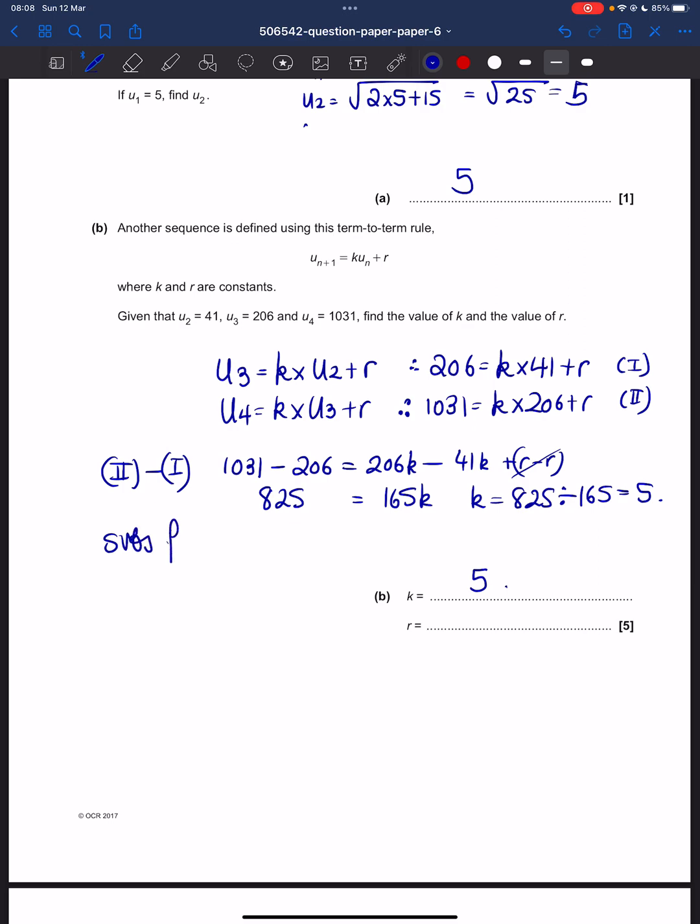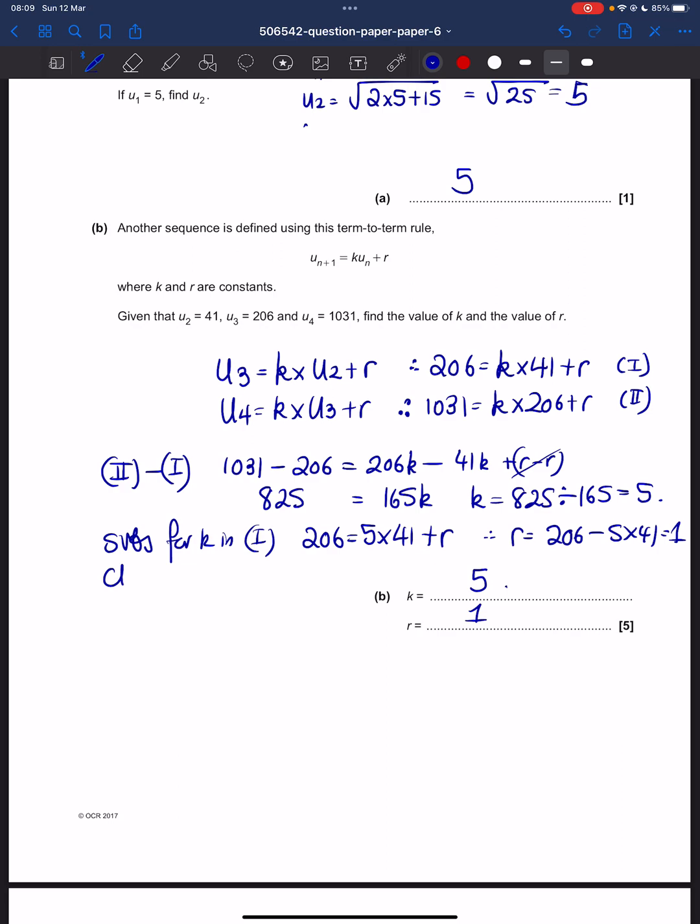And then we can substitute for k in 1. Doesn't matter which one we pick. 206 is k times, well, k is actually 5, so let's put 5 there. 5 times 41 plus r. So therefore r is 206 minus 5 times 41, which is 1.